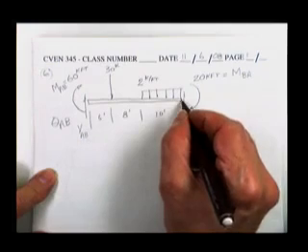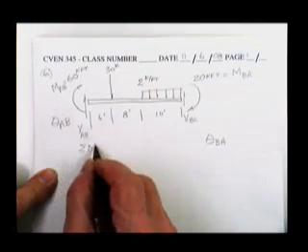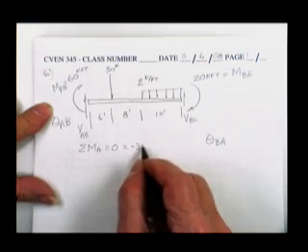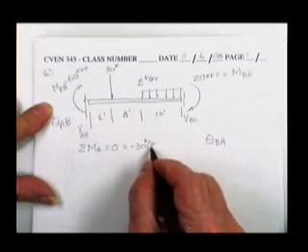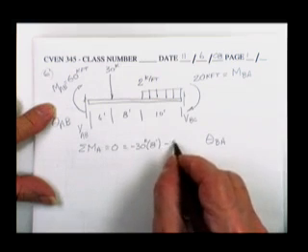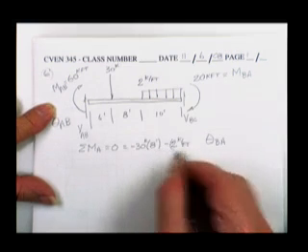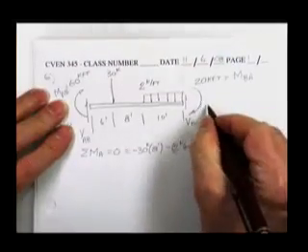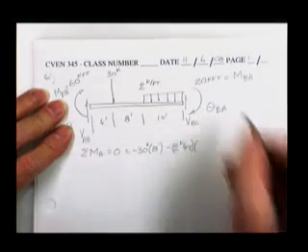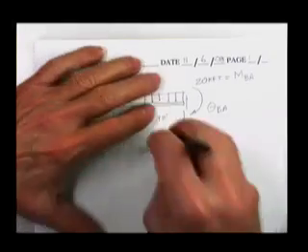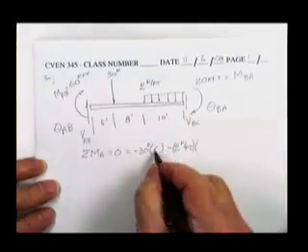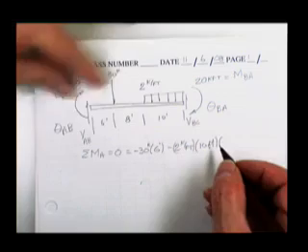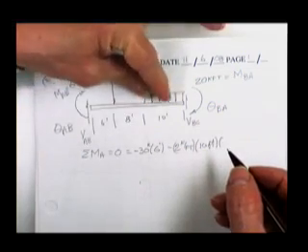It makes a lot more sense to sum moments, for example, about A is equal to 0 is equal to minus 30 kips times his moment arm, 8 feet, minus 2 kips per foot, times 10, my moment arm's wrong, 6, thank you, times the moment arms, 14 and 5, 19.